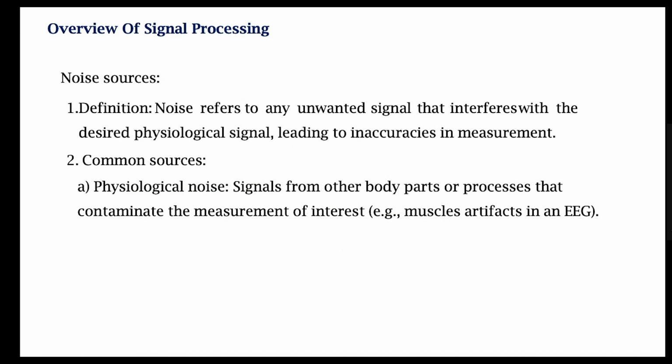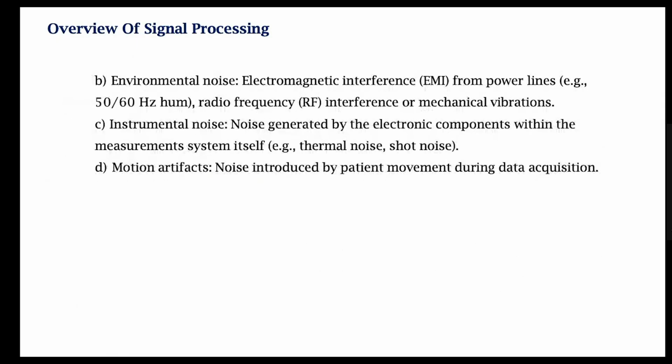So remember this. There are other sources. Instrumental noise is noise that is generated by the electronic components. Your measuring device has electronic components, and they by themselves generate noise. The components within the measurement system itself cause noise, for example, shot noise or thermal noise.